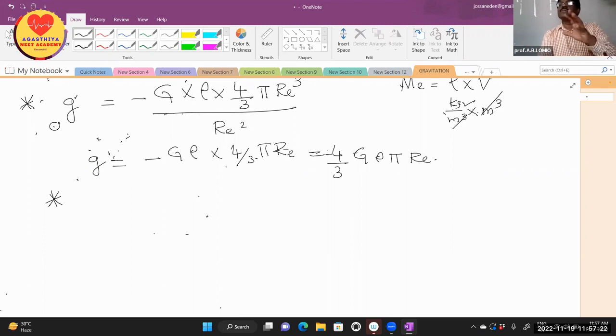So acceleration due to gravity depends upon the earth parameters only. It does not depend upon the object parameter. Understand?